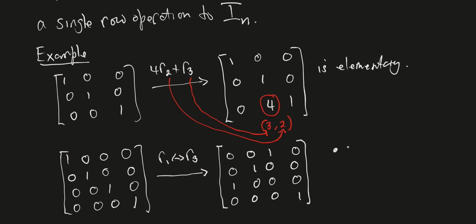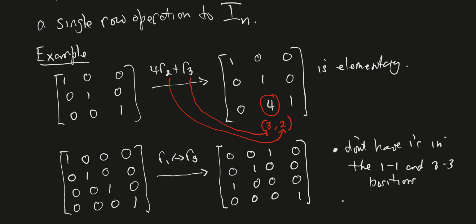So we don't have ones in the 1, 1 position and the 3, 3 position, right? Those are the things that are glaringly obvious, but we do have ones in the 1, 3 and the 3, 1 positions.